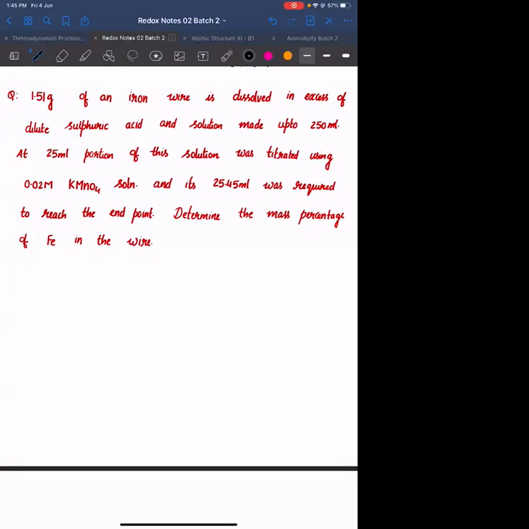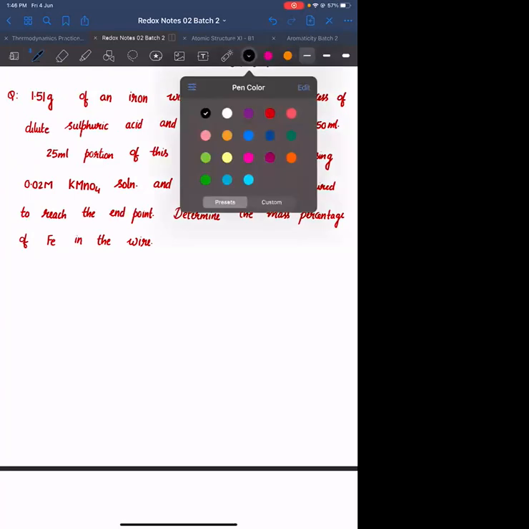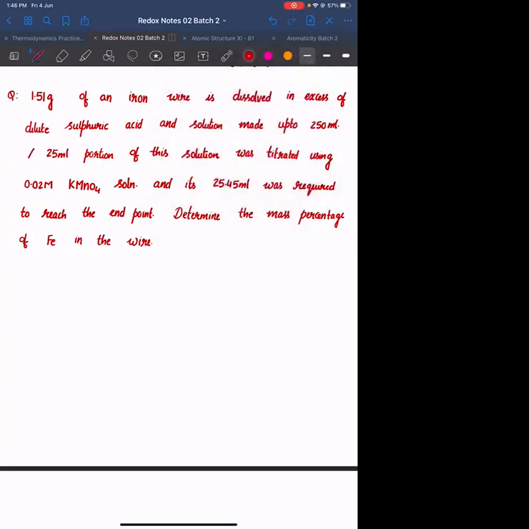A 25 ml portion of this solution was titrated using 0.02 molar KMnO4 solution, and 25.45 ml was required to reach the endpoint. Determine the mass percentage of Fe in the wire. Analyze this question. Try to solve it.